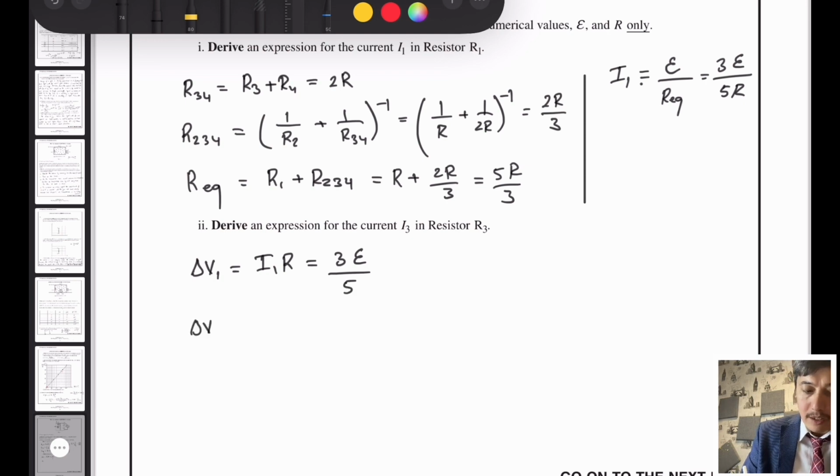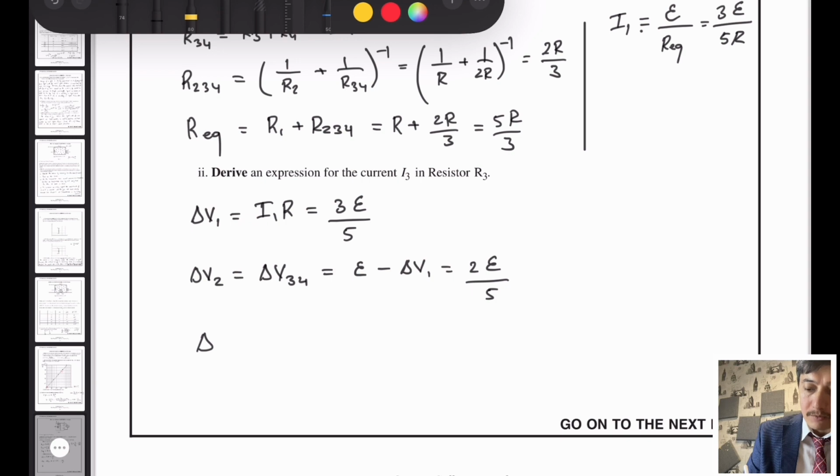Next, potential across second resistance is equal to potential across the resistors 3 and 4 combined, because they are parallel to each other. They are all going to be, if you use Kirchhoff's loop rule, the battery voltage epsilon minus potential across resistor 1. So it's going to be 2 epsilon divided by 5.